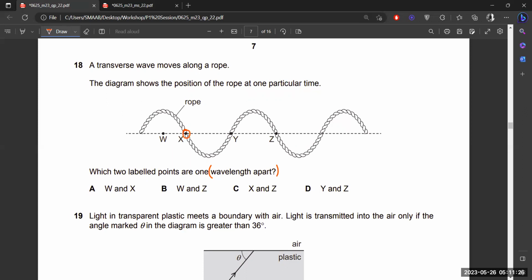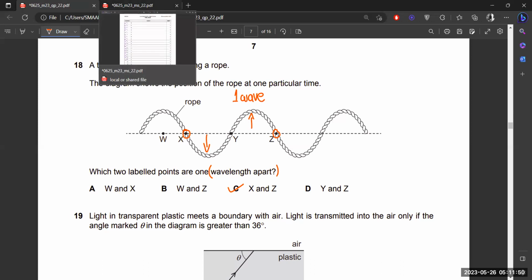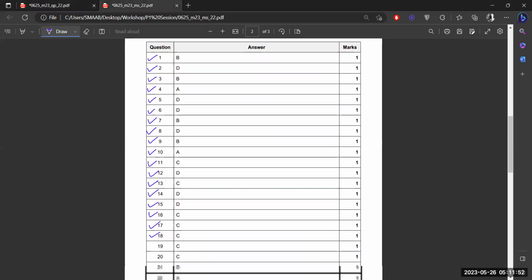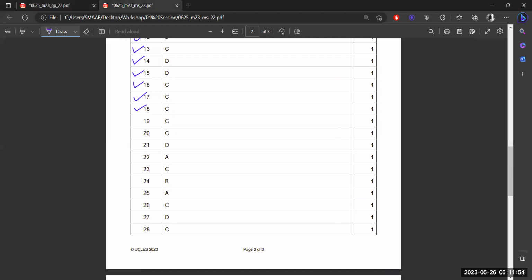Point X and point Z, because one trough and one crest make one wave, and the length of one wave is the wavelength. So C is the right choice, X and Z. These two points are at a distance of one wavelength. Don't get confused by the other options. The question is straightforward. So 18, C.